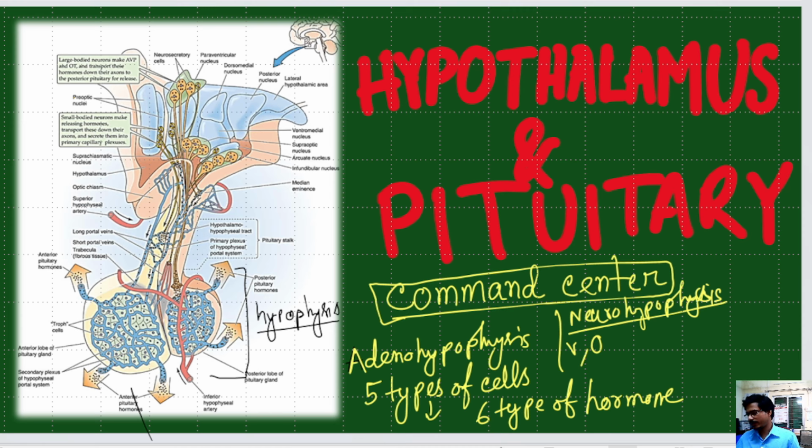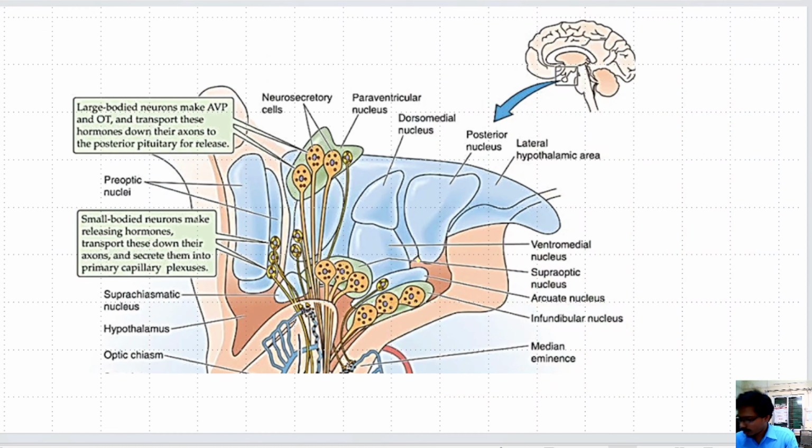So now we'll go to the hypothalamic region and its effect and how it works. We only focus on this hypothalamic region. So this is our hypothalamus. You can see in that region, this is our hypothalamic region.